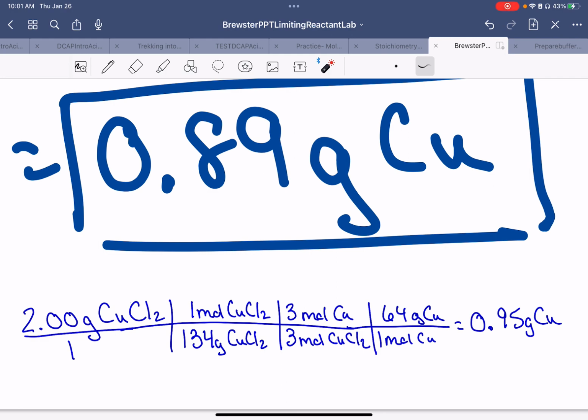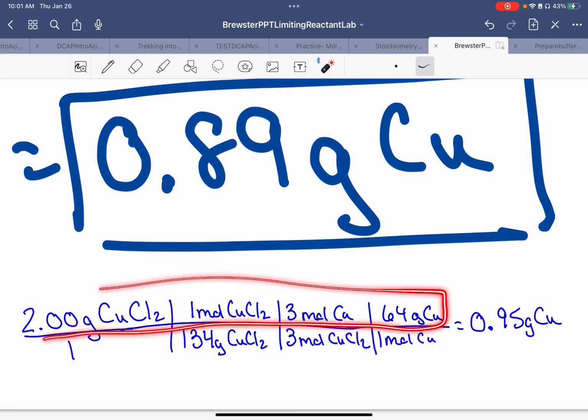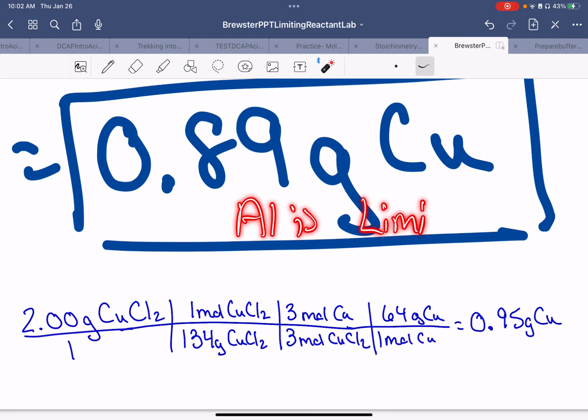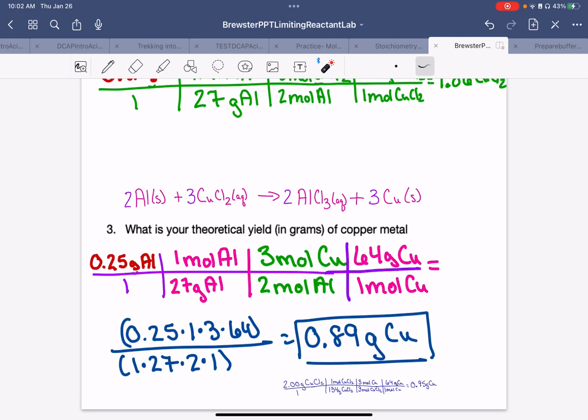When I do my math of the top divided by the bottom, I get 0.95 grams. Notice that with the aluminum, this number is lower than this number. This is why the aluminum is our limiting reagent, because it produces less of the desired amount of what we're interested in.